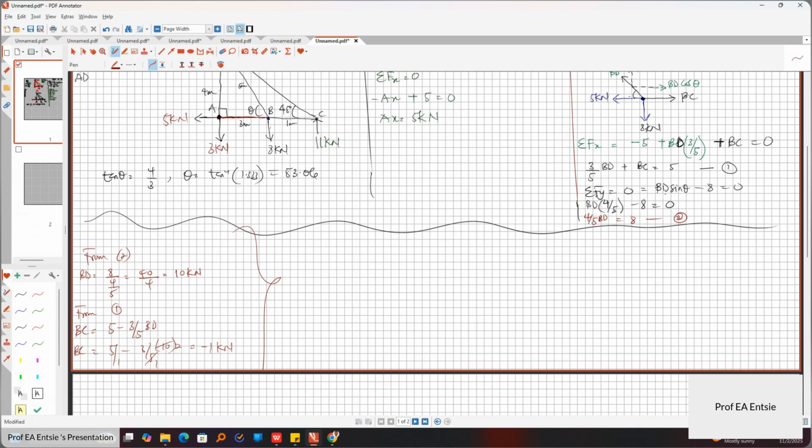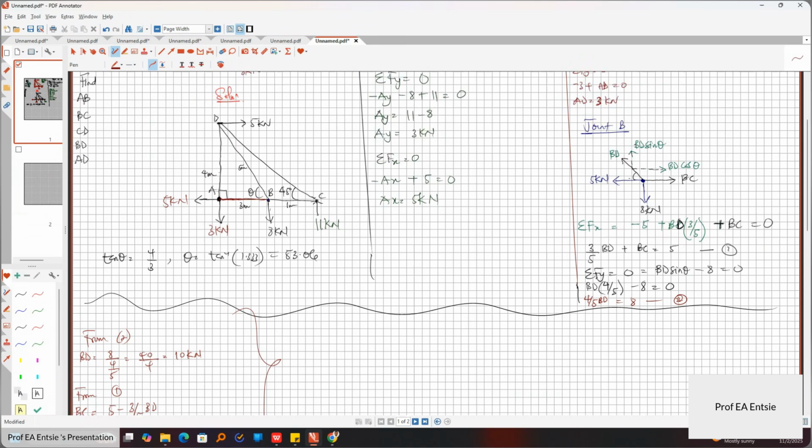Where is it? Here is what I'm talking about. Here, I didn't do the reduction. We should go to the left instead. That's what I mean. It should only be BD cos theta.